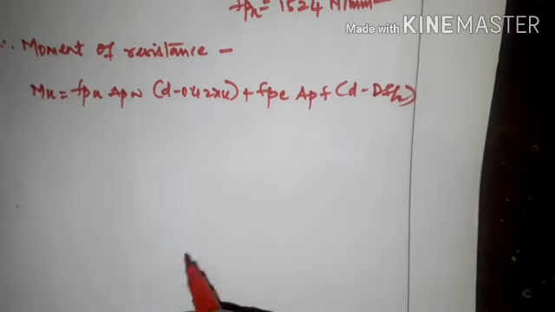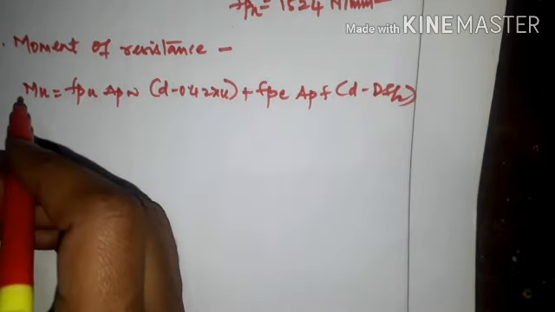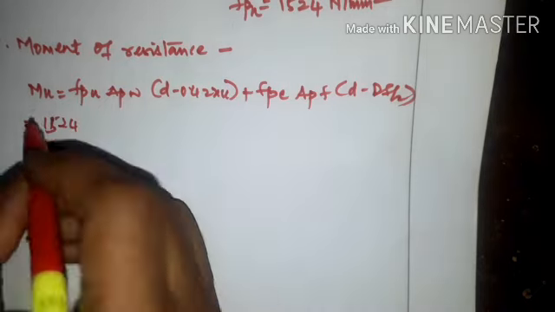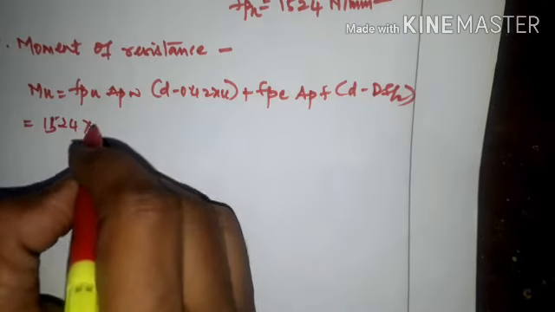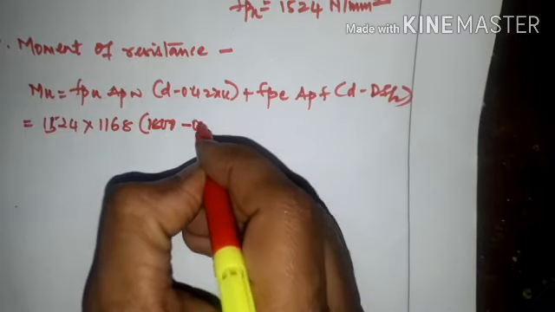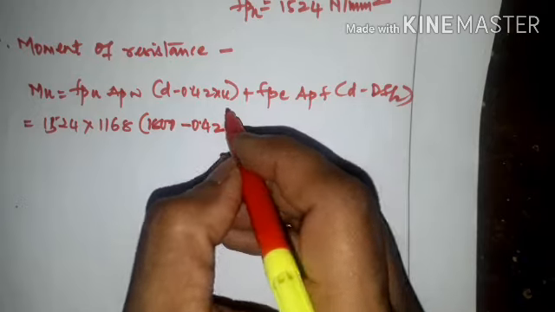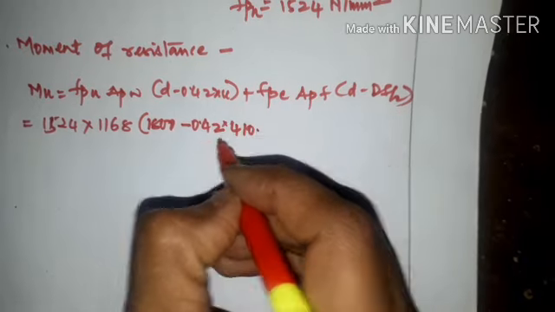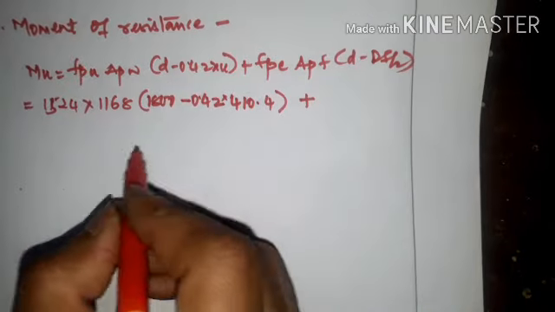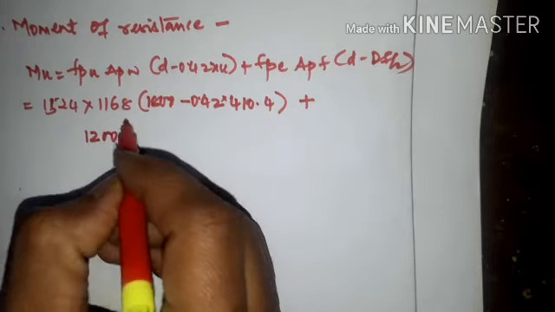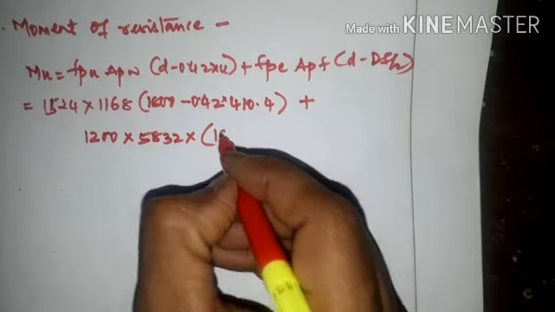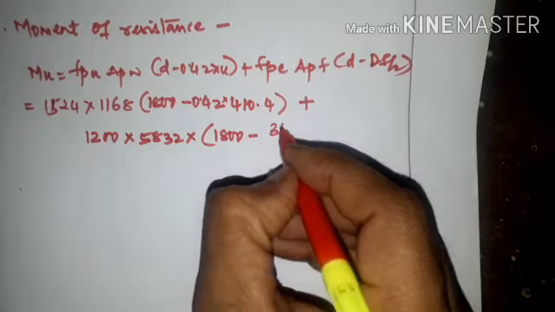Here I'll substitute 1524 for FPU, which we have got just now, into APW as 1168, D is 1800 minus 0.42 XU as 410.4, plus FPE is 1200 into 5832 into 1800 minus 360 by 2.